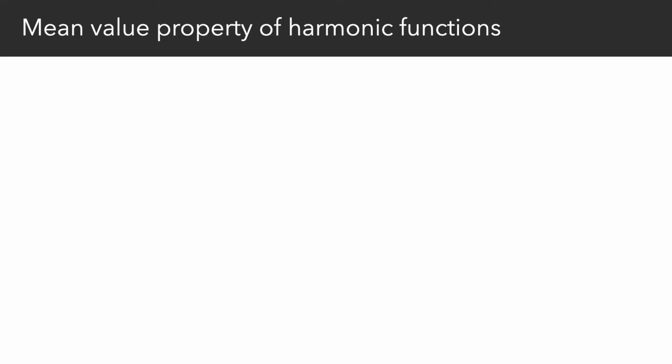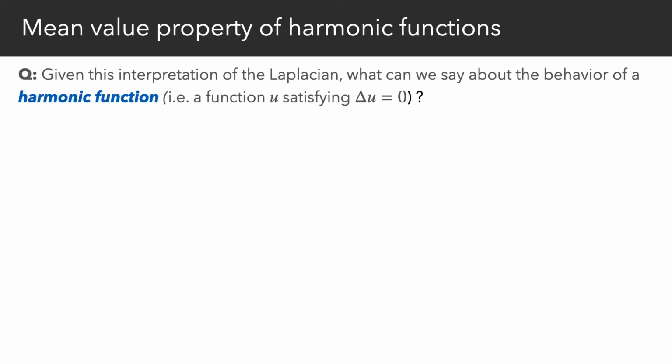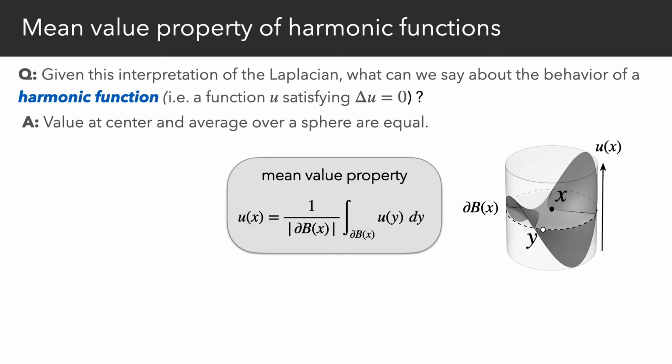So given this interpretation of the Laplacian, what can we say about the behavior of functions whose Laplacian is 0 everywhere? We call these functions harmonic functions, and they have a special property that the value at a point x and the average over a sphere centered on x are equal.